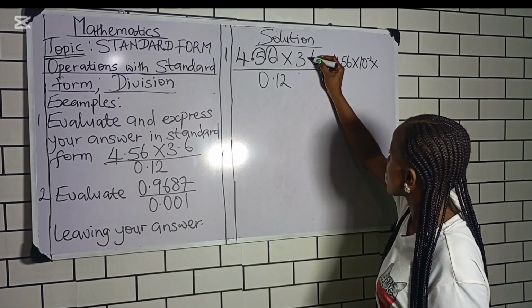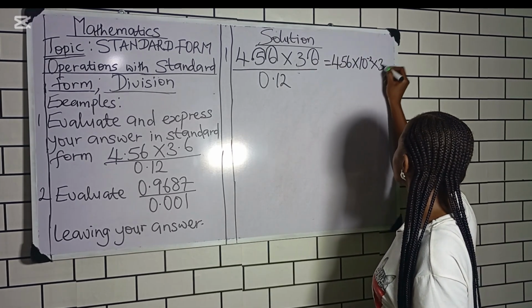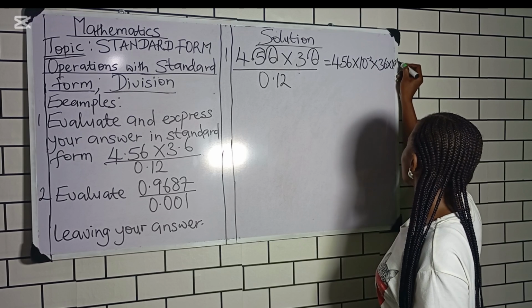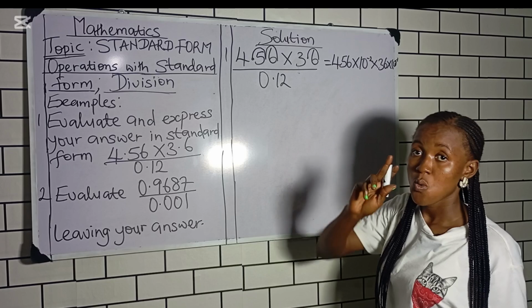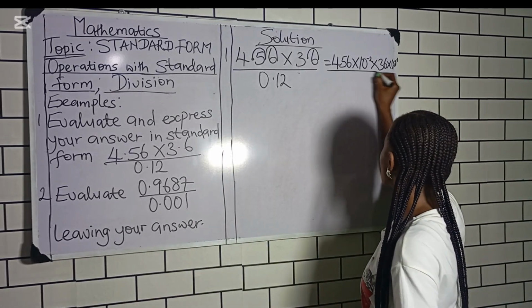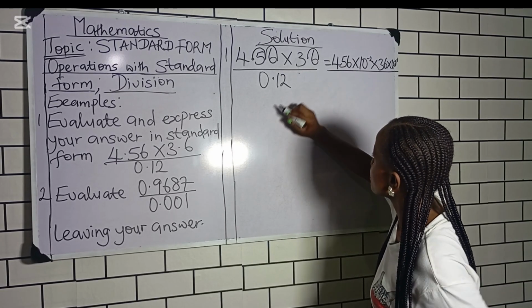Here, this is where our decimal point is placed. You still bring it out. Here, it will give us 36 times 10 raised to power minus 1, because we counted once, and we counted from the left to the right, all over. Here, this is where our decimal point is placed.